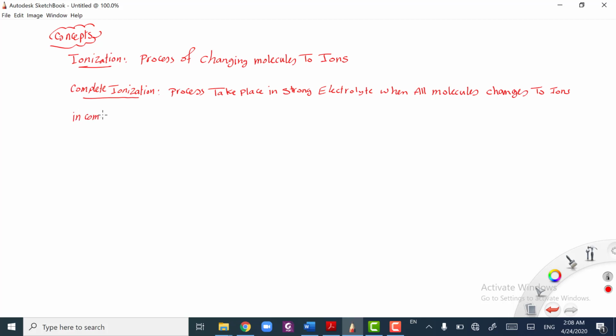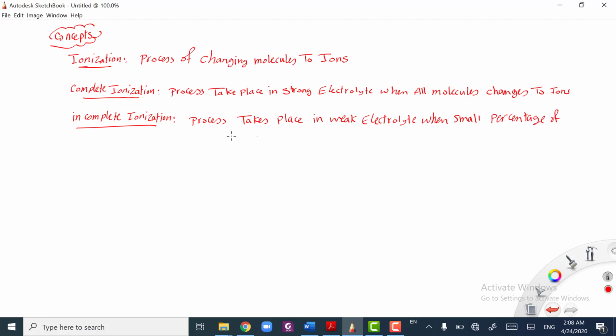The process takes place in a weak electrolyte when a small percentage of molecules change to ions.